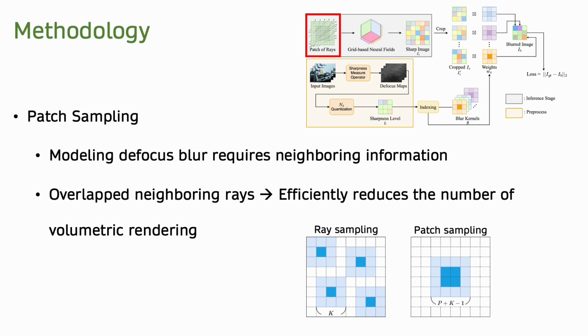In this case, ray sampling requires 36 rays to render 4 pixels, while patch sampling takes only 16 rays to render the 4 pixels. Such a difference becomes even bigger if the number of required neighboring pixels is large, which is inevitable to model the partially defocused region.